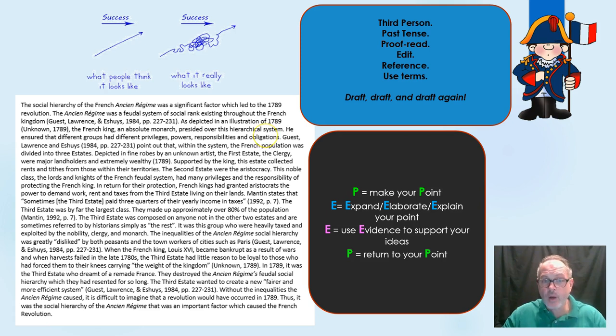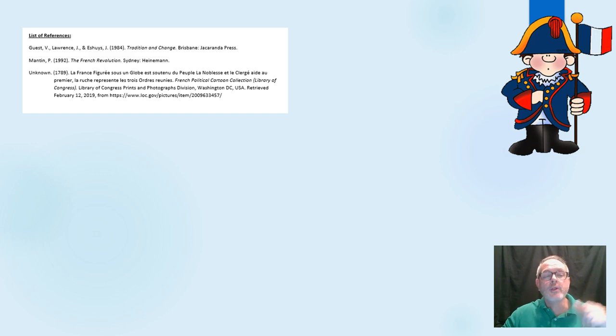Now, with every paragraph that I submit in history, I need to make sure that I've got a list of references. And that list of references tells the reader how to find those sources that you've got in an in-text reference. You can't have an in-text reference without also having a list of references underneath your work. And we'll see how they come together in a moment.